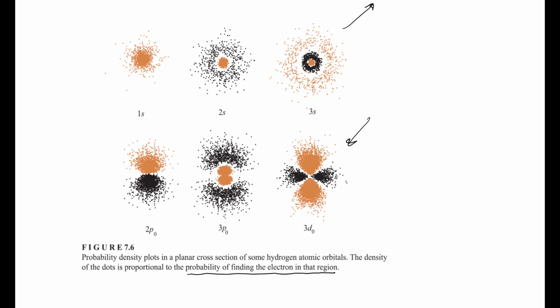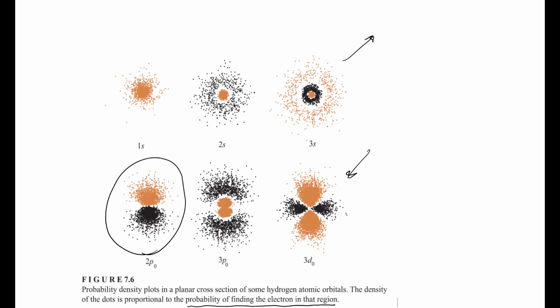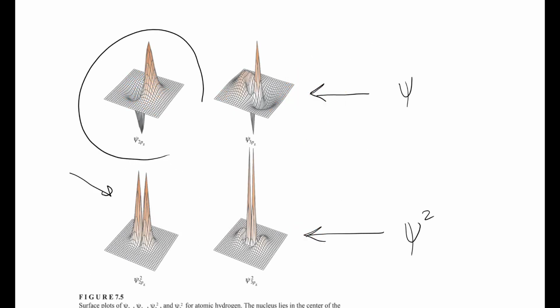The other thing that's interesting from this particular way of demonstrating the wave function is that the color changes depending on whether the wave function is positive or negative, even though this is actually a probability density plot. So we're communicating a little bit more information rather than just the probability density. Of course, this makes sense if we look at the 2p naught orbital that's shown in here and we compare it back to our earlier surface contour plot image. And here's the image I was referring to.